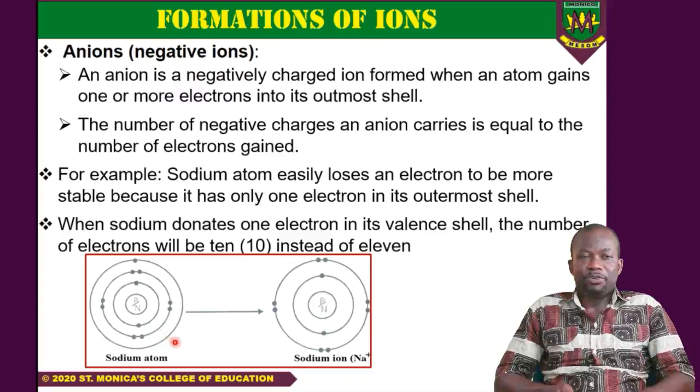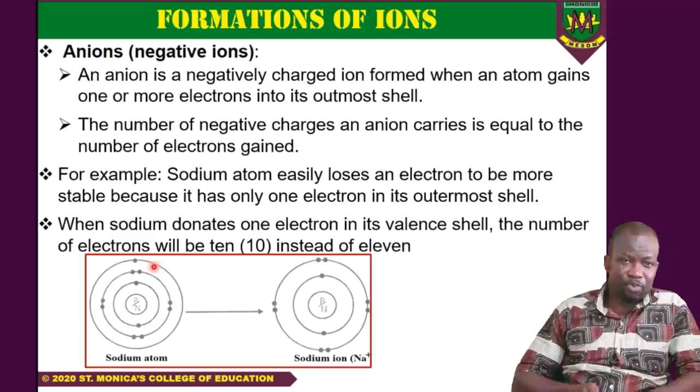And if you are drawing the electronic configuration, which you have already learned, you will have the first shell picking up 2 electrons, that is the K shell. The next one, according to the rules, will take 8 electrons, 2, 4, 6, 8. Then that will make up 10. So the last shell has this one. And so in the formation of an ion, this sodium atom will lose this 1 electron.